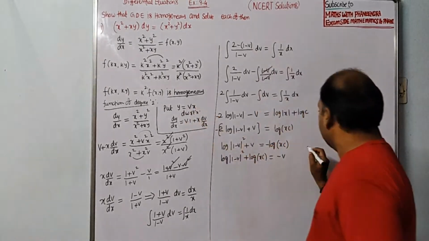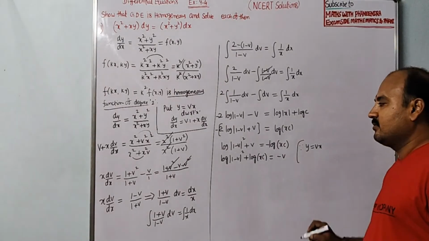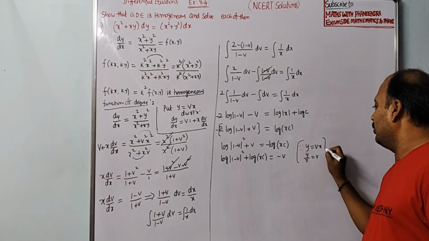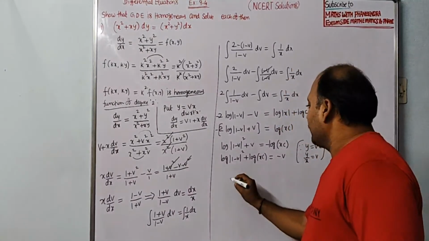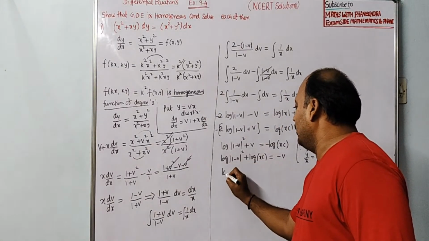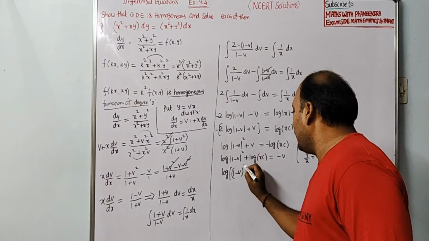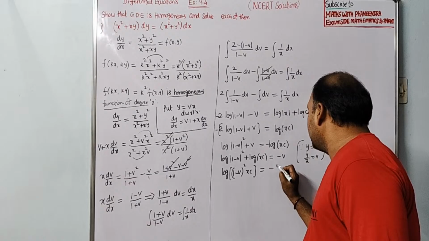Since y is equal to vx, from that y by x is equal to v. Okay, dear students, you understand that? So log a plus log b: log (1 minus v) whole square into xc is equal to minus v.